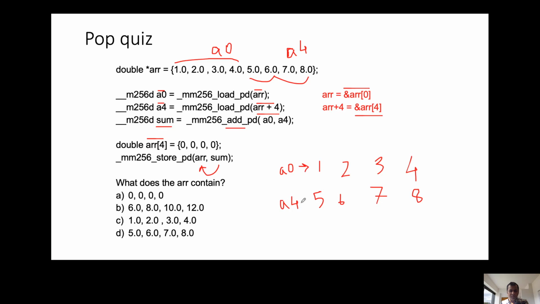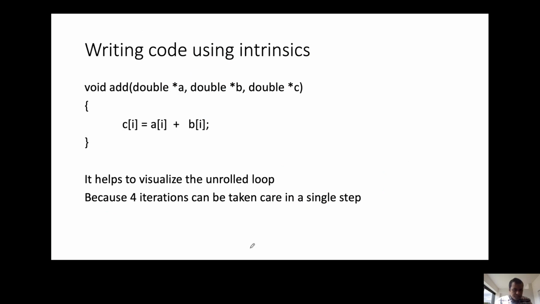If we pairwise sum them, as we discussed in SIMD, 5 plus 1 is 6, 6 plus 2 is 8, 7 plus 3 is 10, 8 plus 4 is 12. So we get 6, 8, 10, and 12. Okay, so this will be our answer. B is our answer.